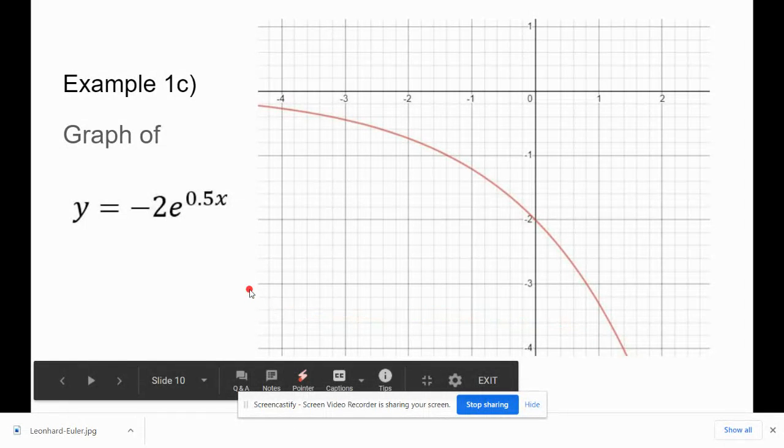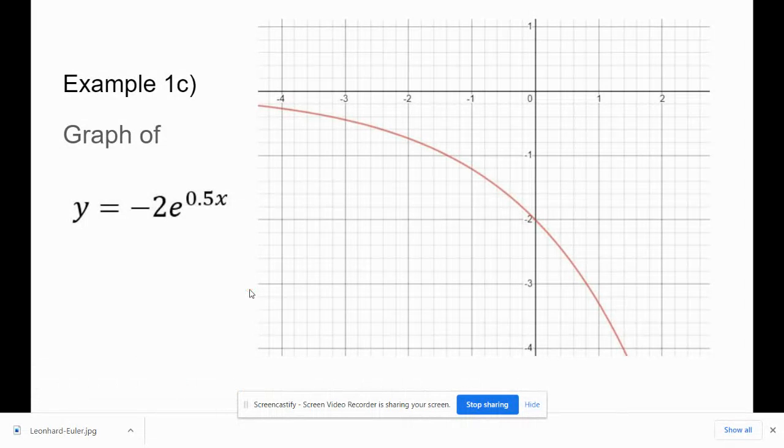All right, so now before we go on to example 2, what do you think is going to happen if we add or subtract a number after the e to the rx part?